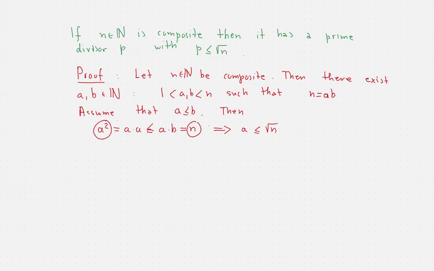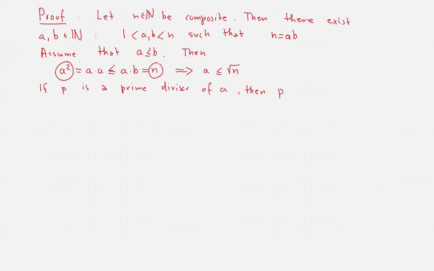So if P is a prime divisor of A, then, since any natural number greater than 1 has a prime divisor, whether that number is prime or composite, P is also a divisor of n, right?